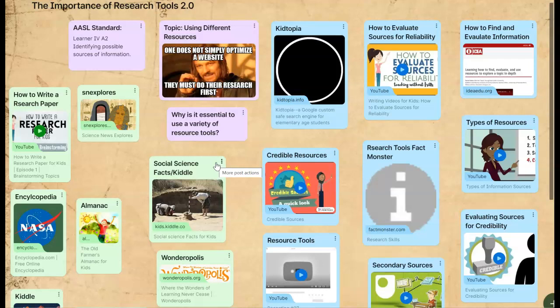It's essential to use a variety of tools because you can't rely on just one source. You need a bunch of different sources. And when you use different sources, it sort of backs up what you're talking about, and it makes your research paper more credible. I hope this has helped you, and I hope you have a great day.